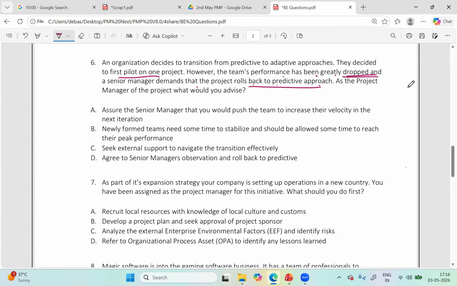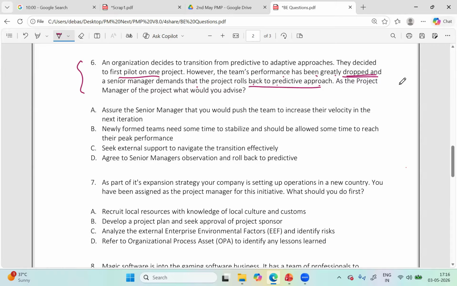Now, what I have to say, ladies and gentlemen, whenever we are adopting something new, be it agile or anything, it's quite obvious that there'll be a temporary decline in productivity because people will take some time to learn, get accustomed to the new ways of working or new system. So it's no surprise. And somebody who is concerned about a temporary decline will never adopt anything new. We should be prepared for that. So that is no reason to roll back.